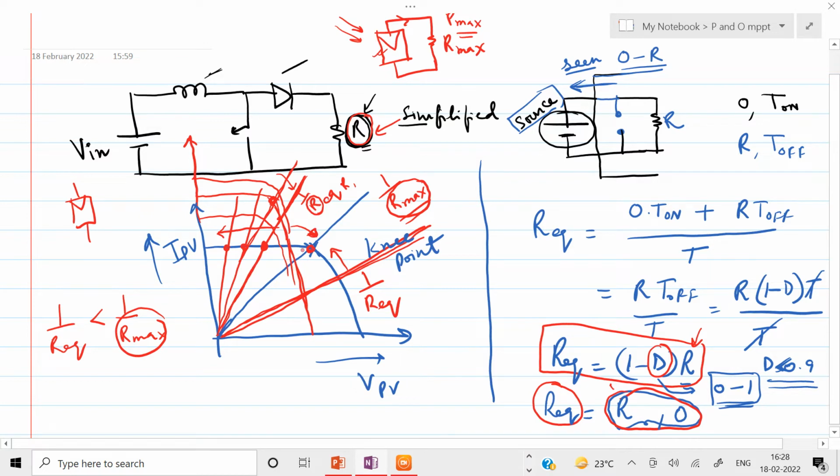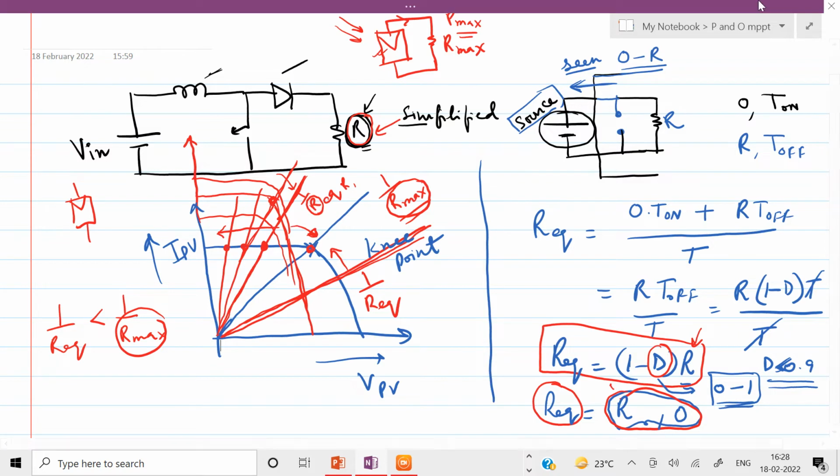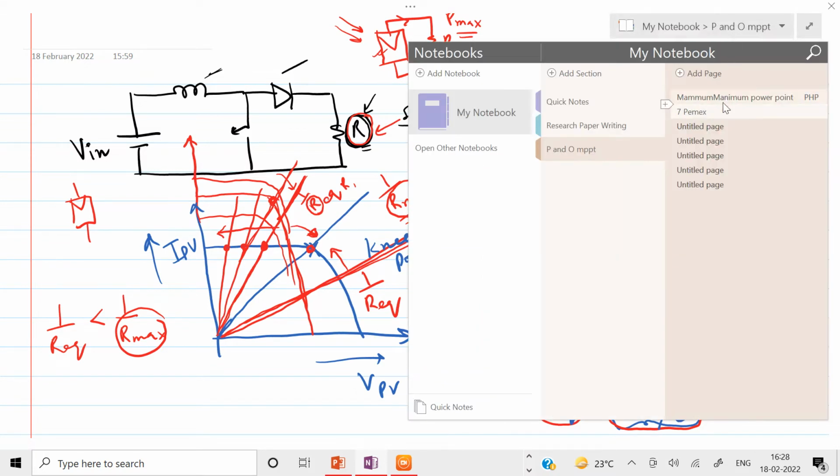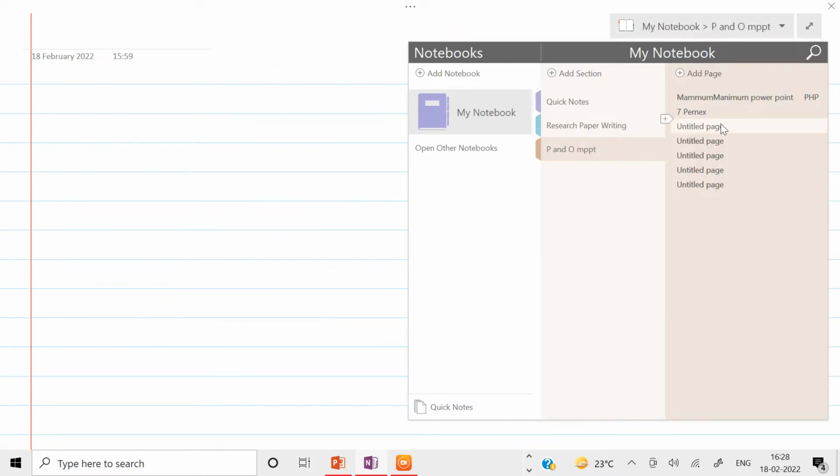Is it fine? So let us proceed, and now let us take up the algorithm itself. Now we are interested in tracking maximum power out of the PV array.